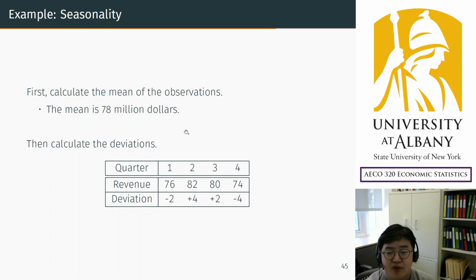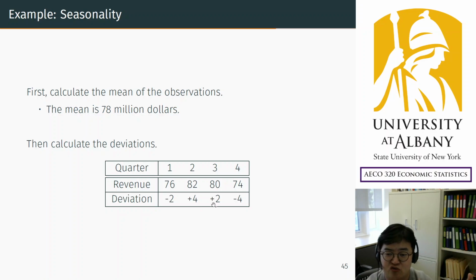And then, as we did before, we are going to calculate the deviation by subtracting the mean from those observations. So we have four numbers, and from them we subtract 78. That means in the first quarter, the revenue is $2 million below what we expect, and in the second quarter, $4 million above.